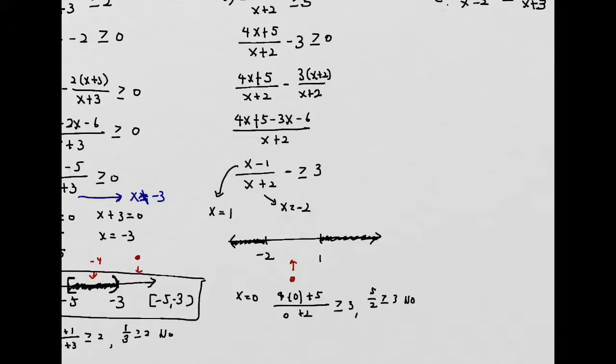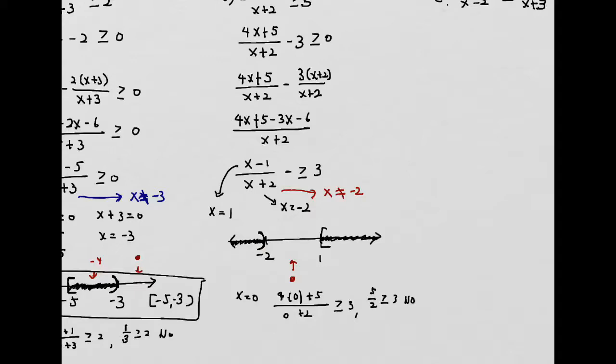Your original problem says greater than or equal to, so you can use the bracket. But another exception you have is here. Your restriction is you cannot have x equal to -2, so we cannot include it. You can use the bracket on any other points except your restrictions.